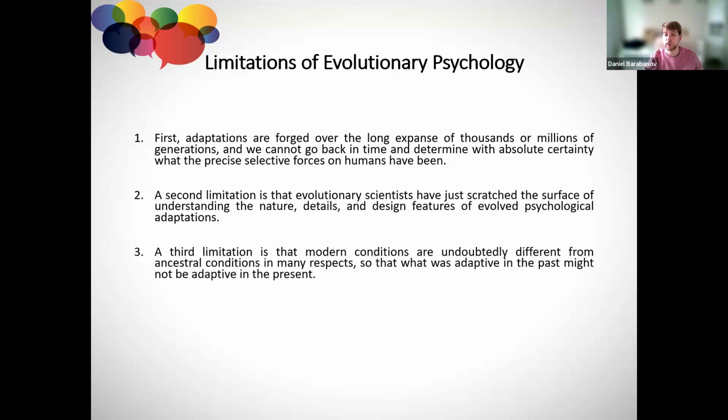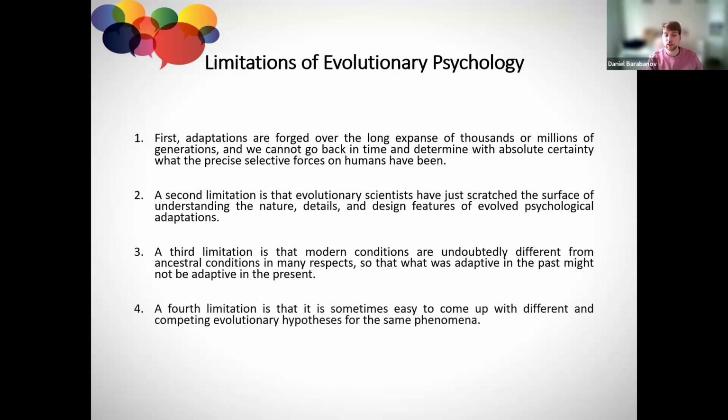So what was adaptive in the past might not be adaptive in the present. And it's harder for us to understand what was happening in the past because often it completely contradicts our modern life experiences in terms of ethical standards, views on gender and sex, and other ideas.